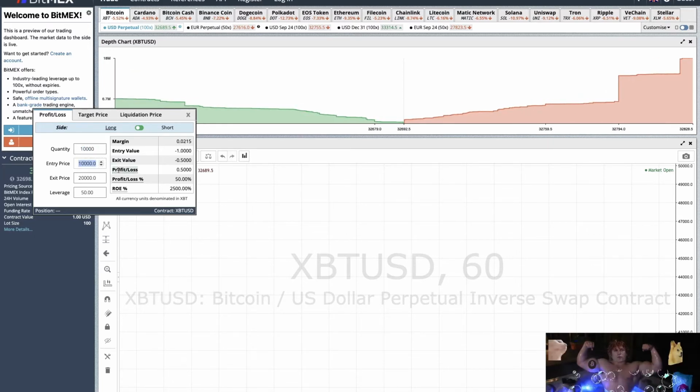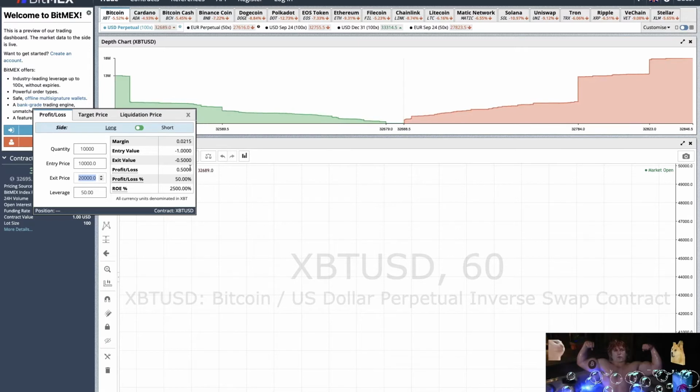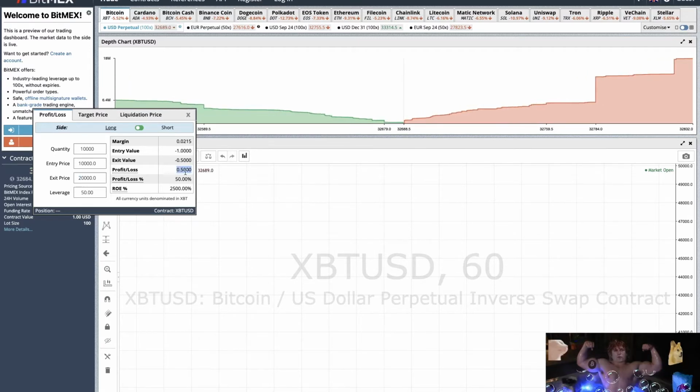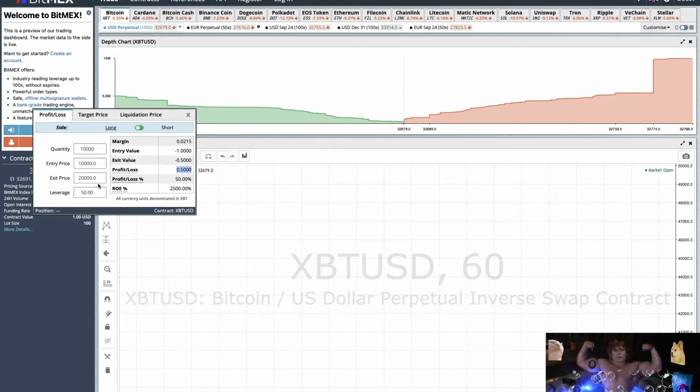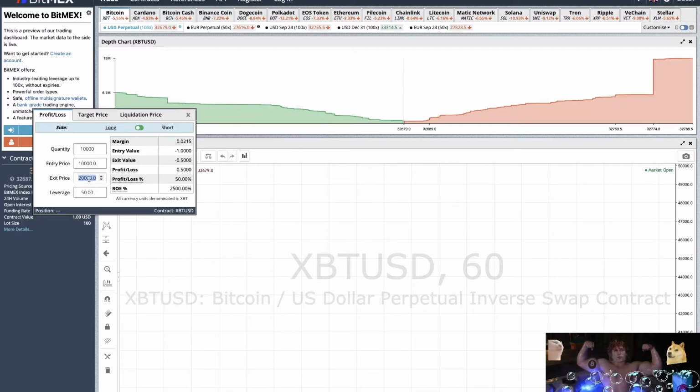If you exit at $20,000, how much money do you make? You make 0.5 Bitcoin. What is 0.5 Bitcoin at $20,000? That's $10,000 because you made half a Bitcoin, you exited at 20K, and 50% of 20K is $10,000.